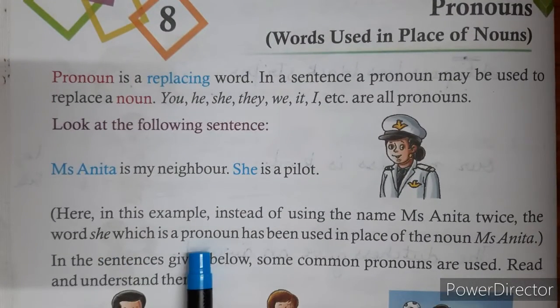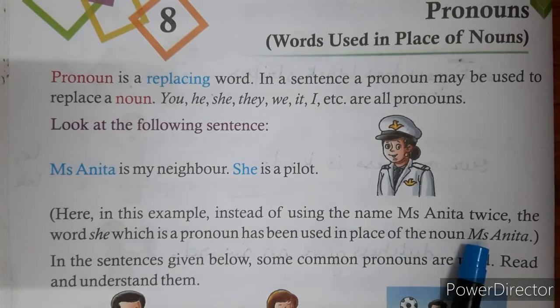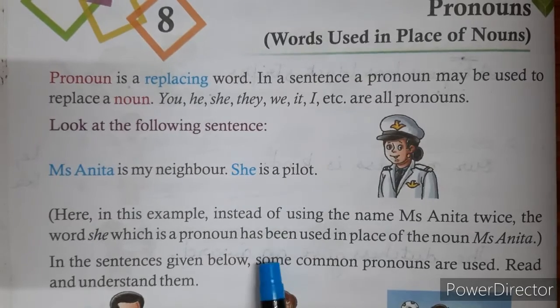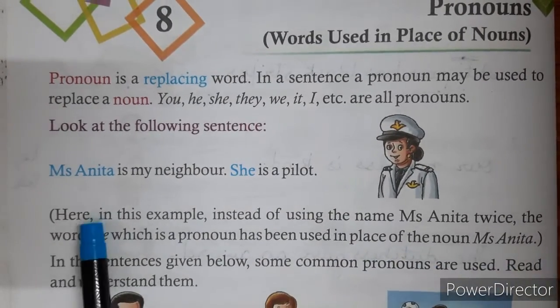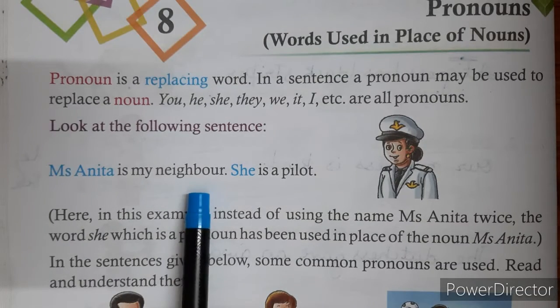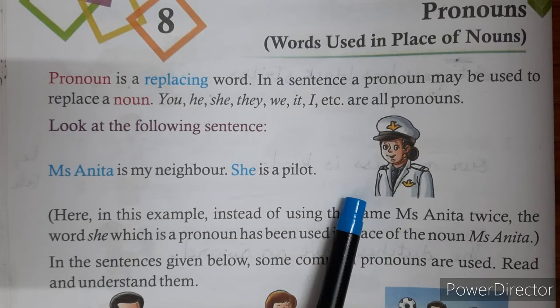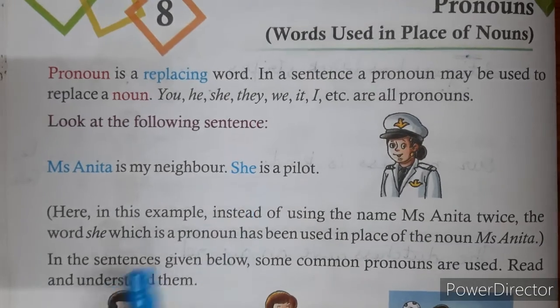Here in this example, instead of using the name Miss Anita twice, the word she, which is a pronoun, has been used in place of the noun Miss Anita. So instead of saying Miss Anita is my neighbor, Miss Anita is a pilot, we will use the pronoun she.